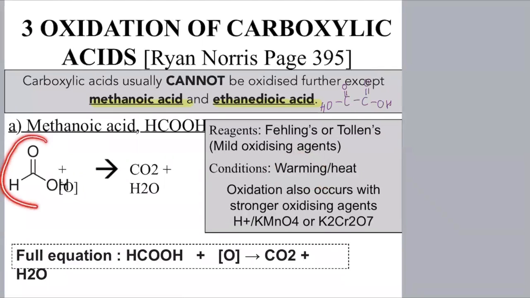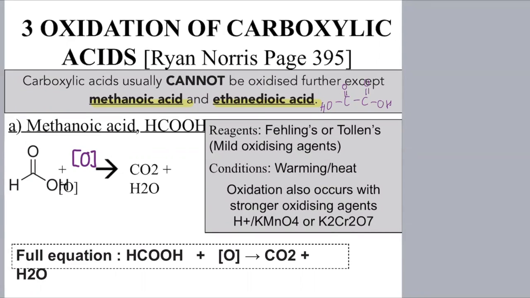Your methanoic acid will react with an oxidizing agent, which you can either choose Fehling's or Tollens depending on which one is available. But in the equation, you only have to write down square bracket O. So this is the full equation. It will be oxidized into carbon dioxide, CO2, plus water, H2O.